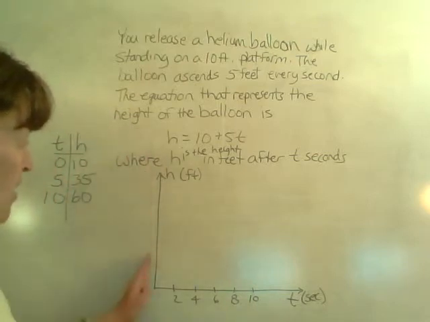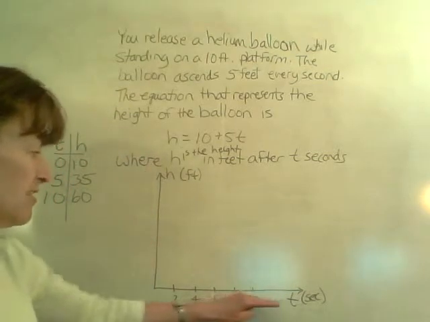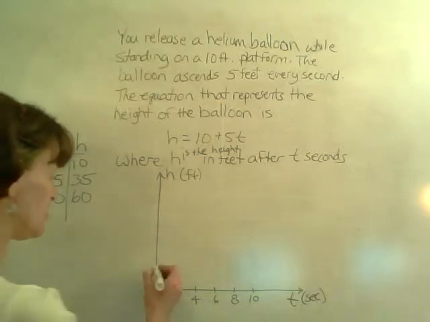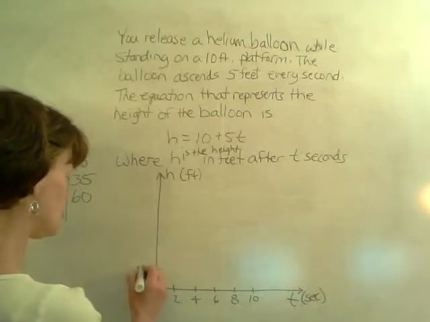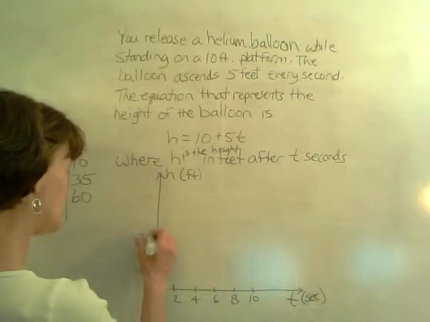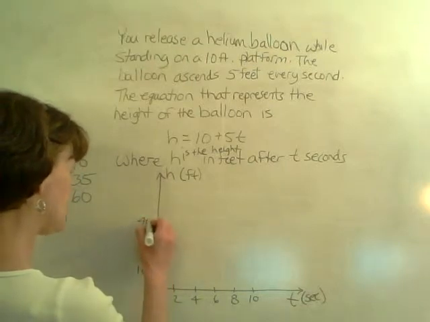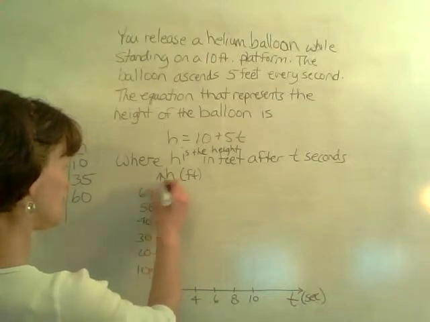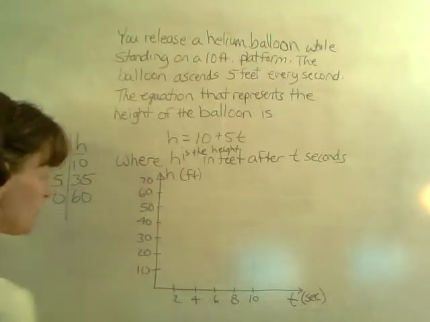But on my h-axis, it doesn't make any sense to count by 1s or 2s, because look at the numbers I have for h. What makes more sense is to count by 10s. These are some decisions you have to make when you're graphing a real-life problem. And notice that I don't have to count by the same numbers on both axes. They can be different. All right?